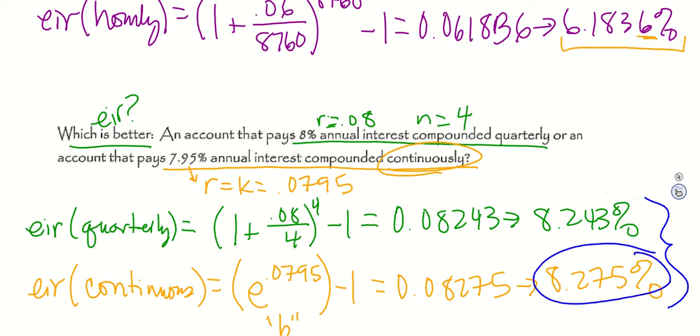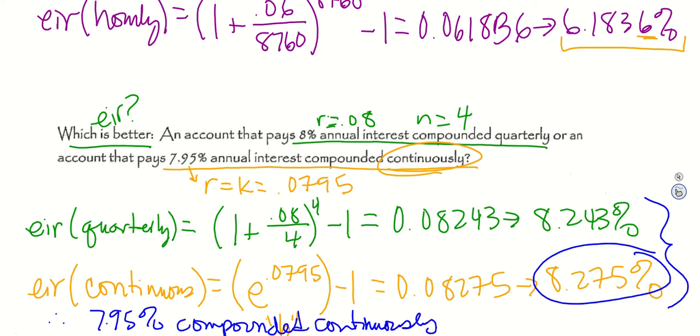And so our conclusion is that the 7.95% compounded continuously is better. So actually a slightly lower interest rate than the 8%, but the continuous compounding gives us actually a better return on our money.